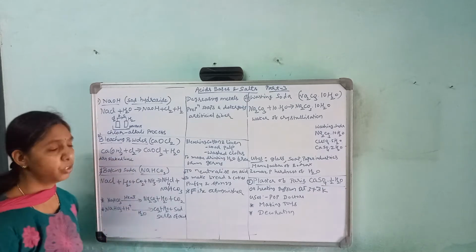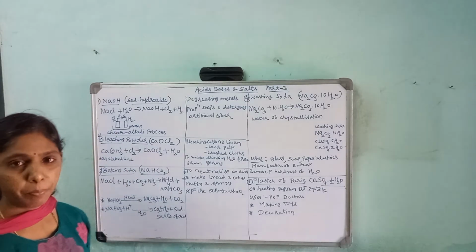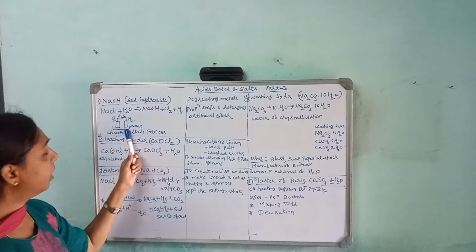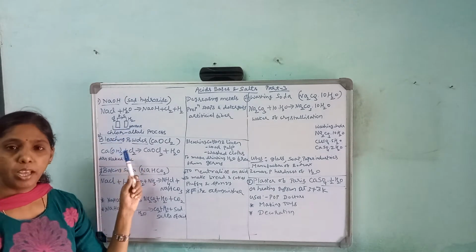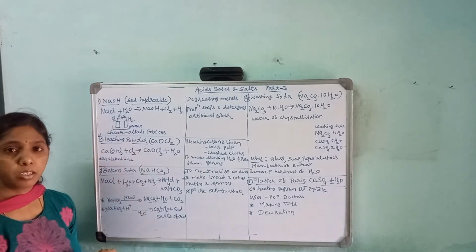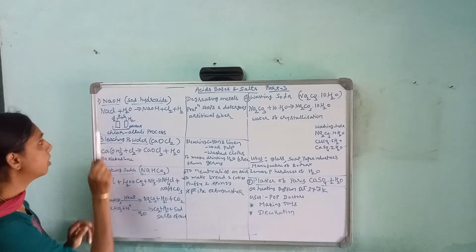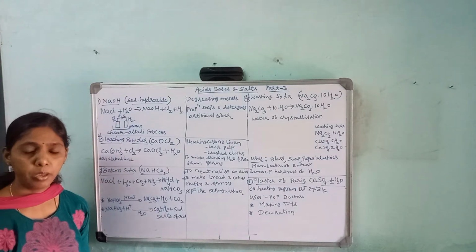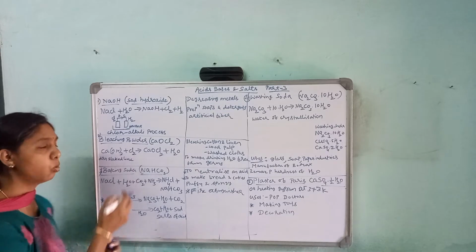Let us see the preparation, a very easy and important preparation. Here you will get the diagram, and along with the diagram you have to write the preparation. In the preparation of sodium hydroxide, the raw material used is sodium chloride. From sodium chloride they are preparing sodium hydroxide.